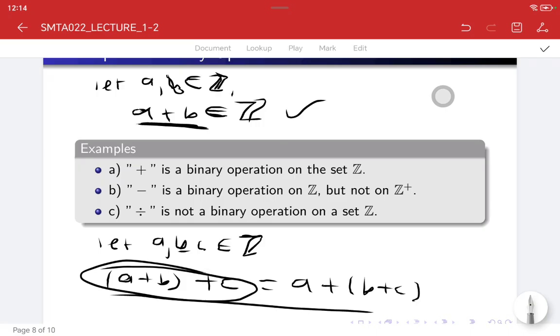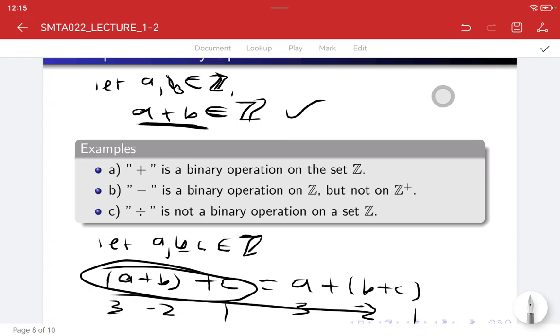At the end of the day, they're going to have the same answer, as long as the numbers are the same. So if A is 3 here and A is 3 here, B is minus 2 here and minus 2 here, C is 1 and 1, it doesn't matter how you add them or the order. At the end of the day, they're going to give you the same answer. Then associativity holds.